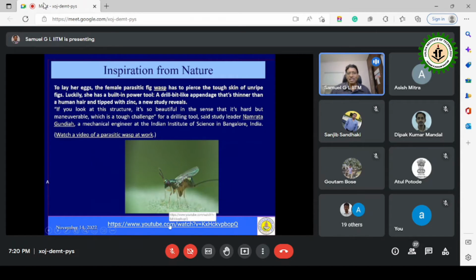When it wants to lay eggs, it has a stinger, the tail, which has a very sharp tip. They tried to understand what that material is, and found that it is like zinc. Then it vibrates at a high frequency, drills the bark of a tree, and lays the egg there.